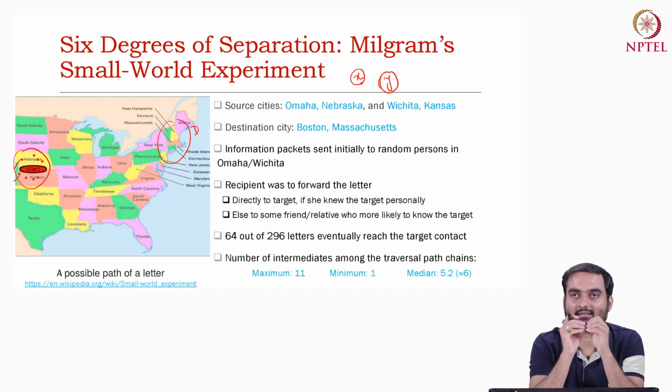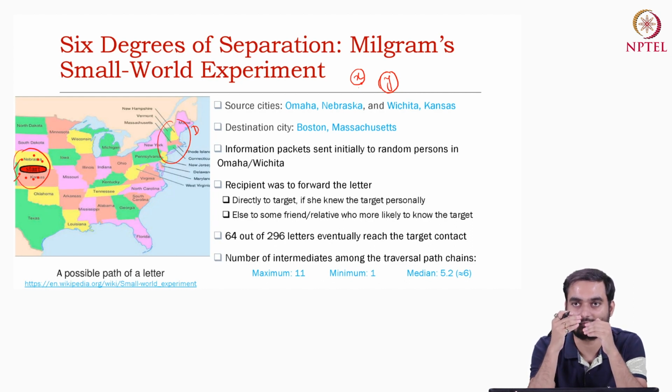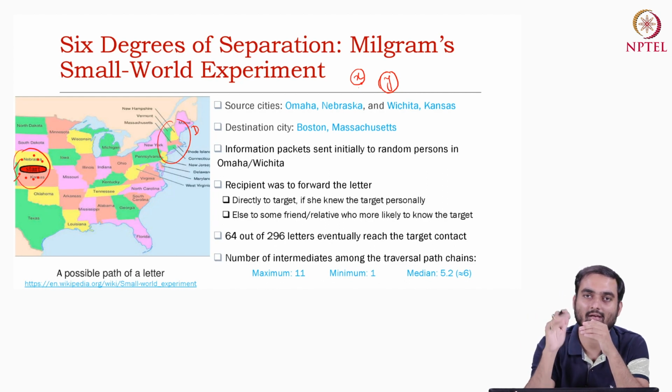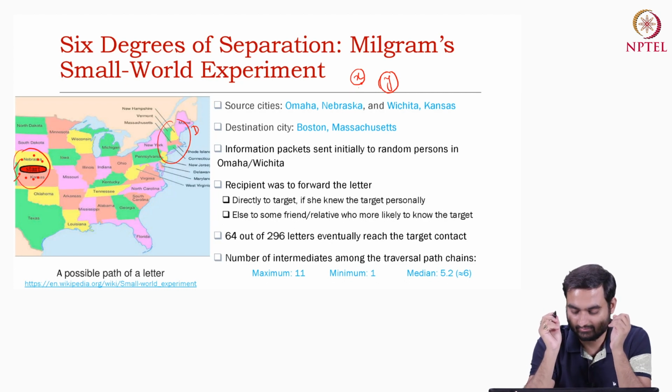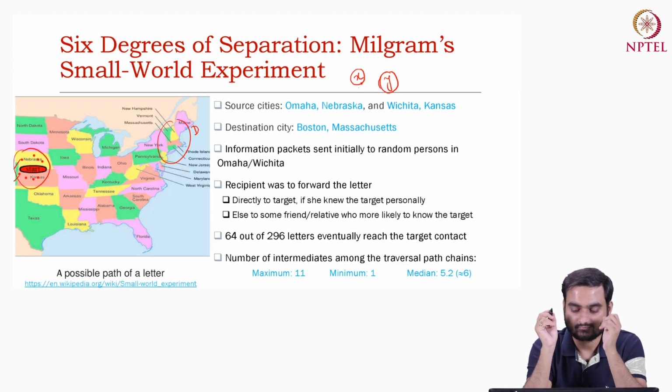When a letter is passed from X to Y, X will write his address and pass it to Y, and when Y passes it to Z, Y will write his address and pass it to Z. This is the strategy.